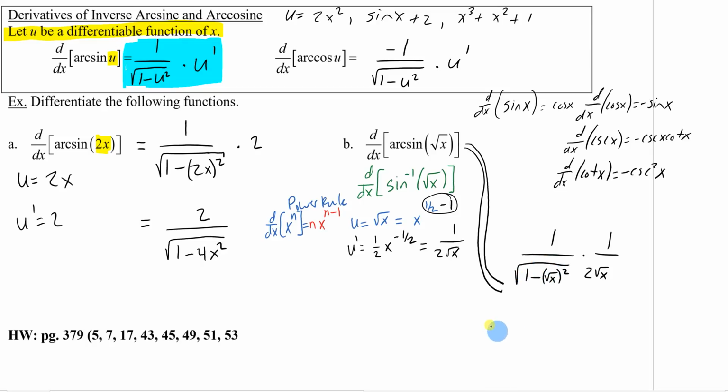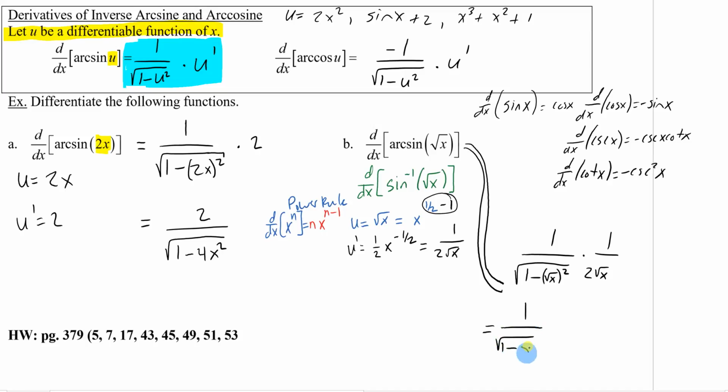The final rewrite: if I take the square of a square root, we know that those two are inverses of each other, so that means that they will remove themselves. It's 1 minus x. Let me write that better so you guys can see it better.